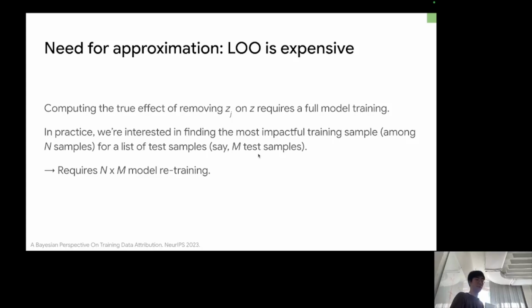That's going to give you n by m model retrainings, and that's super, super expensive. The order of n here is like millions, and m could be maybe thousands or tens of thousands, so very expensive.